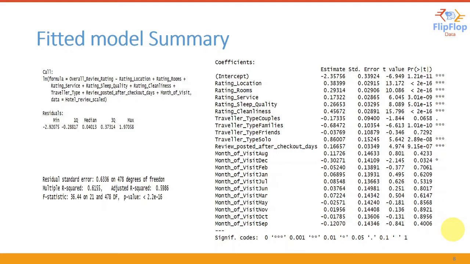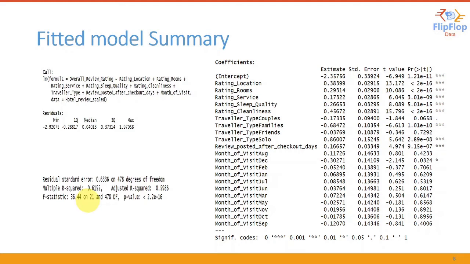Let us now interpret each of these parameters. First and foremost is to look at F-statistic, which is 36.44 over here. It is much larger than 1, which is very much acceptable.